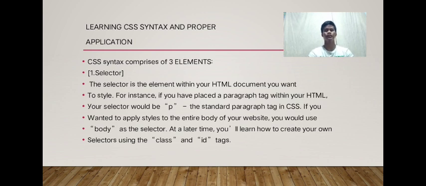This is the standard paragraph tag in CSS. If you wanted to apply styles to the entire body of your website, you would use body as the selector. At a later time, you will learn how to create your own selector using the class and ID tags.